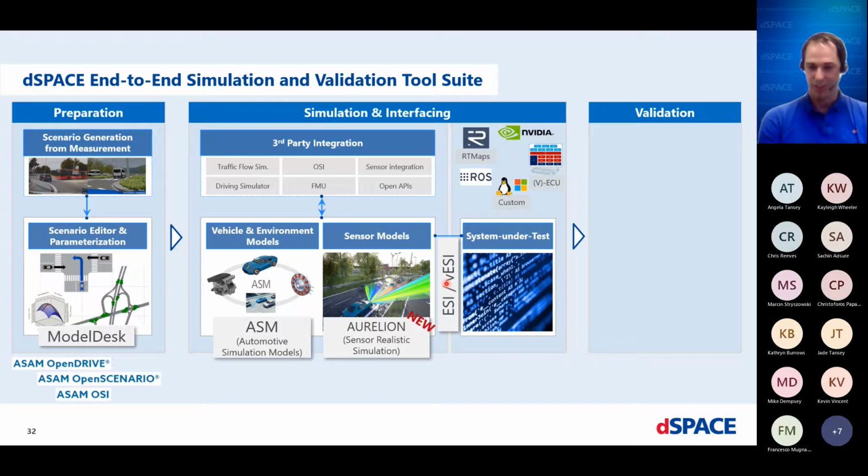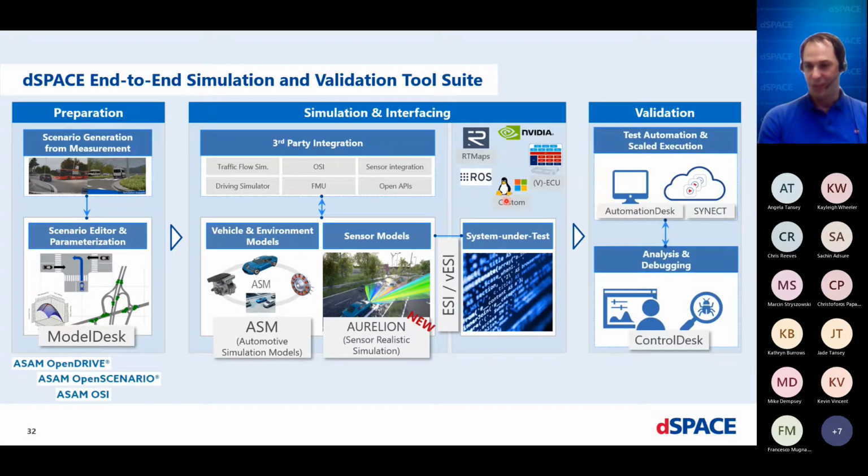And the equivalent for that in HIL is the environment simulation interface unit, which does the same in a hardware-in-the-loop environment. Here we're supporting sensor simulation environments, of course, from DSpace themselves. We use ROS, we can use RTMaps, we can use NVIDIA, we can use any type of virtual ECU or custom code. And we support Linux and Windows environments for that.